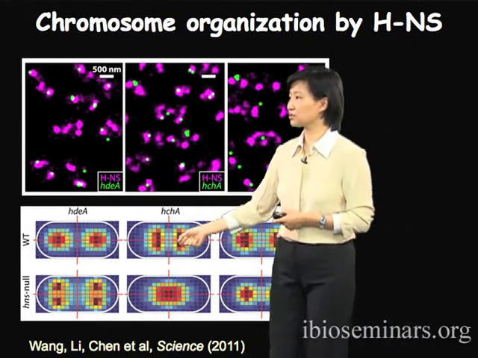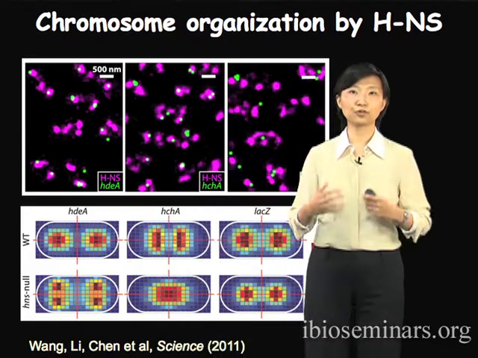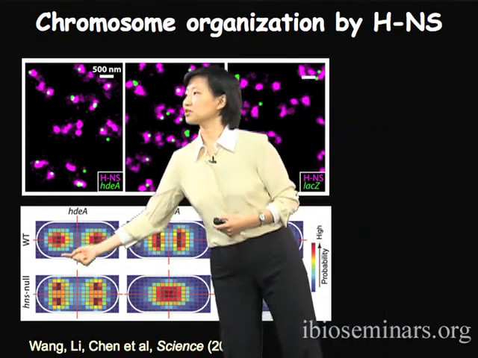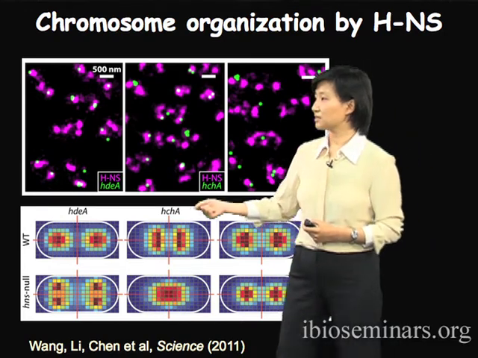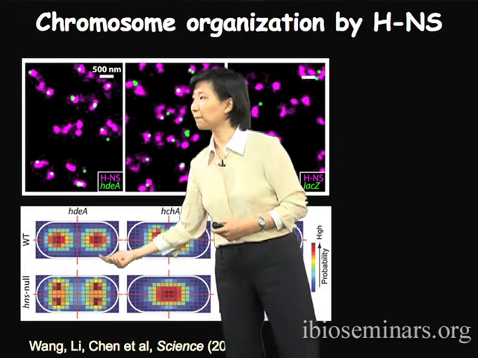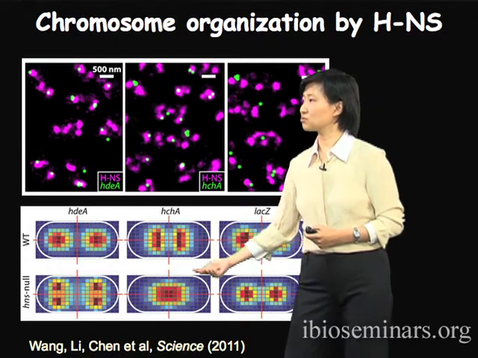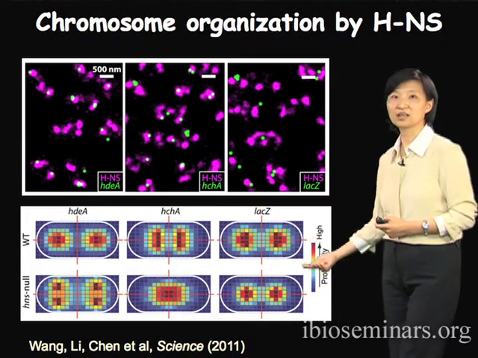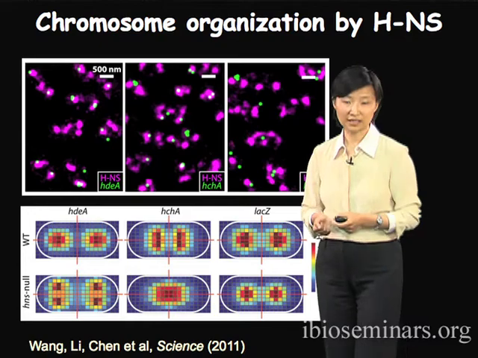Here, when you see 2 lobes and 4 lobes, that doesn't mean there are 4 such gene loci inside the cell. They just mean these are the positions where the gene locus is most likely to be. You can see that the most likely position has been moved substantially by the HNS clustering effect in both of these 2 cases, while in the control genes the most likely positions are not moved much when you delete HNS.